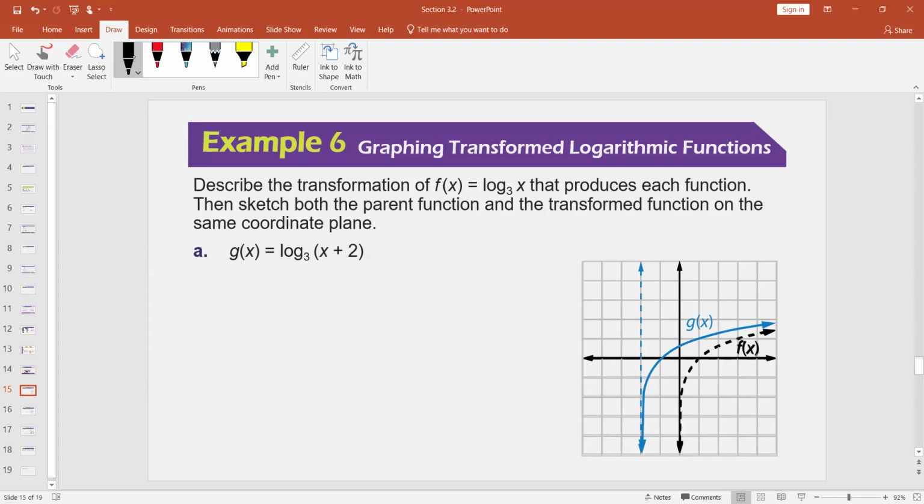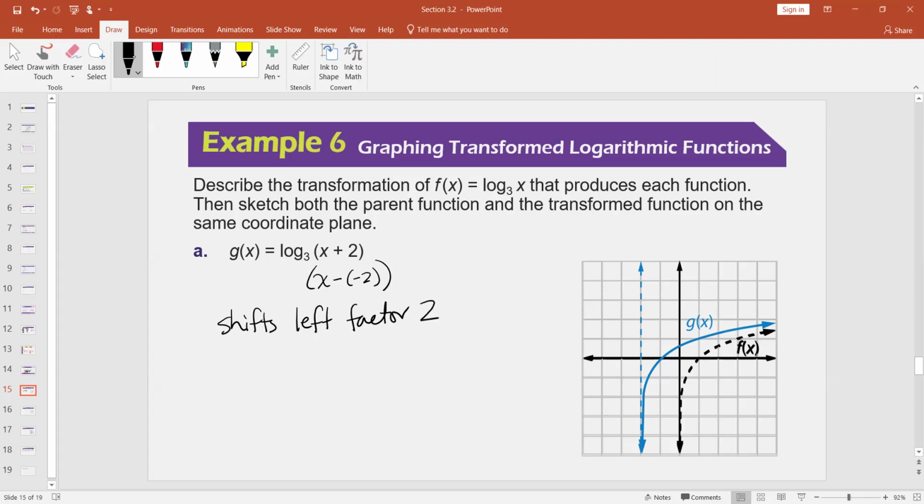In this case, you can see that it's inside the parentheses, so this is an h situation. This is like log base 3 of x minus a -2, and therefore this one shifts left by a factor of 2.